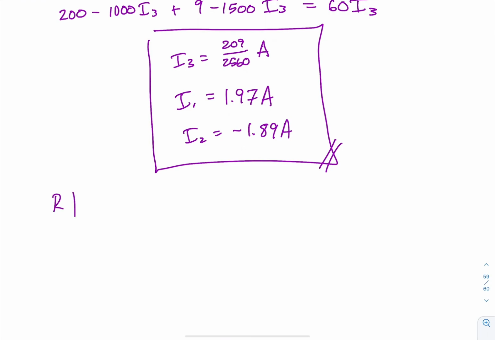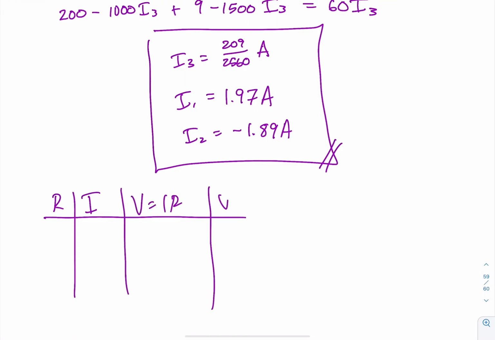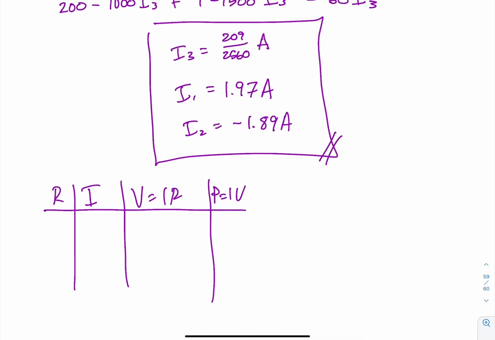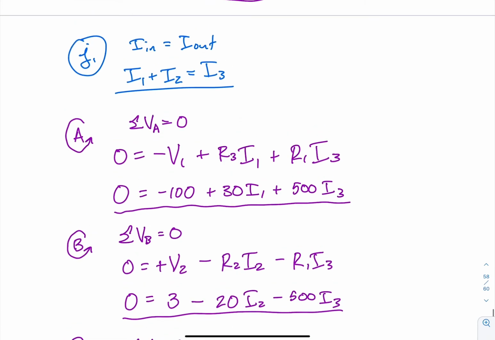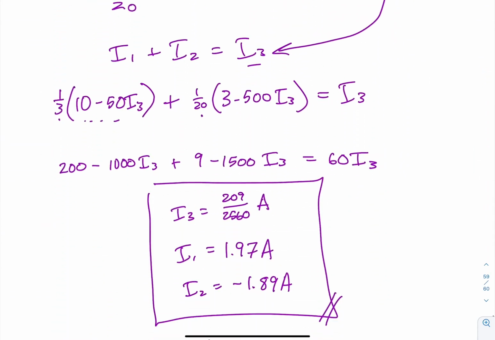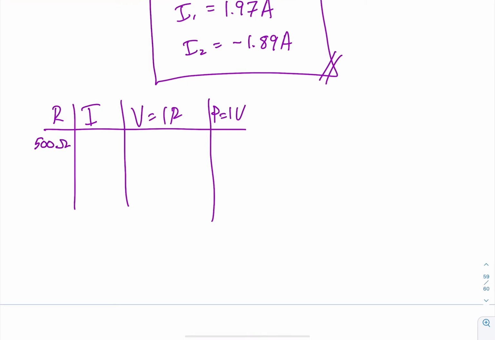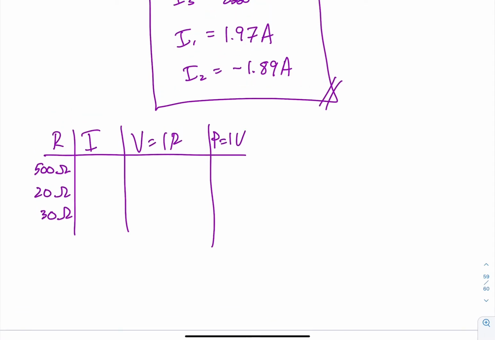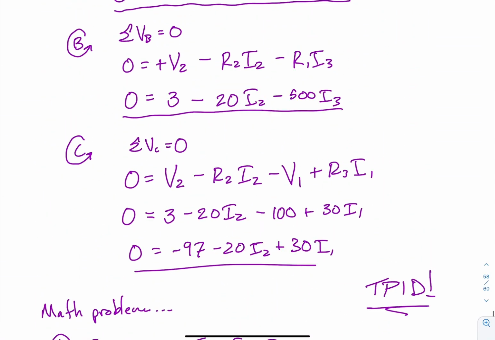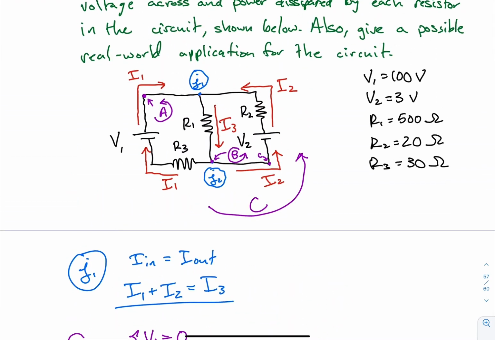I like to create an answer table to really give our solutions. And we have some more discussion to do on this as well. So we know R1 was the 500, 20, and 30. So we have 500 ohms, 20 ohms, and 30 ohms. We know that I3 goes through R1, I1 goes through R3, and I2 goes through R2.